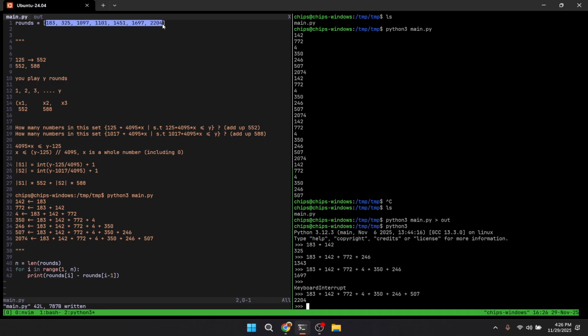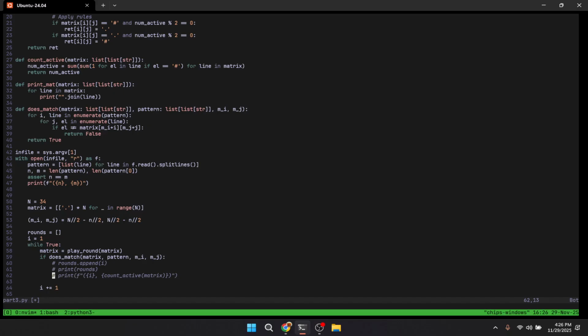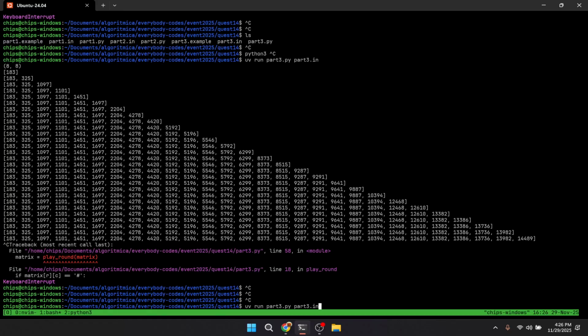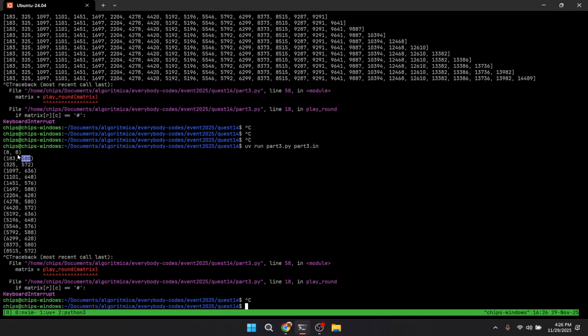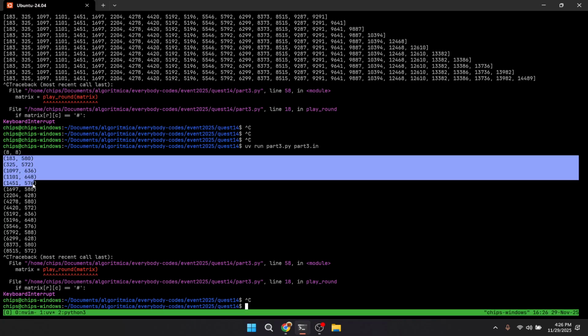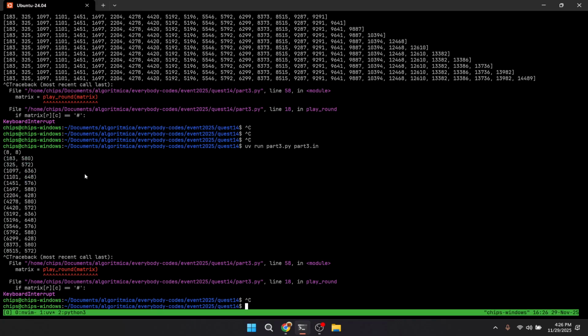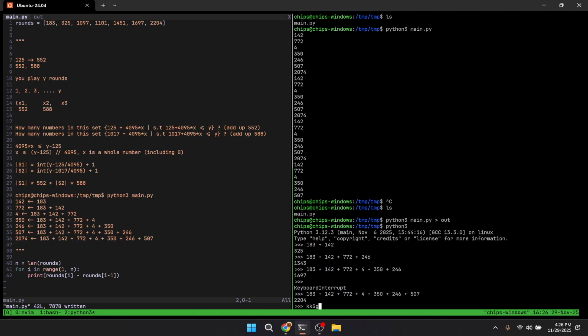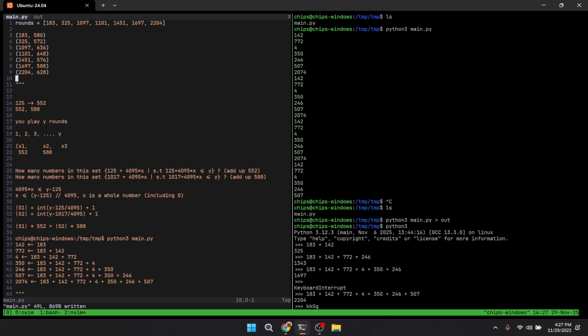So you're interested in what these numbers are, I mean how many active things are in each of them. And then you want to know the sizes of these sets.